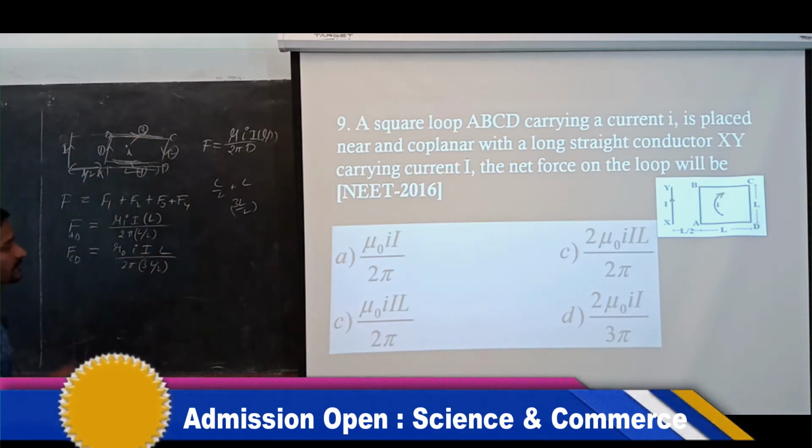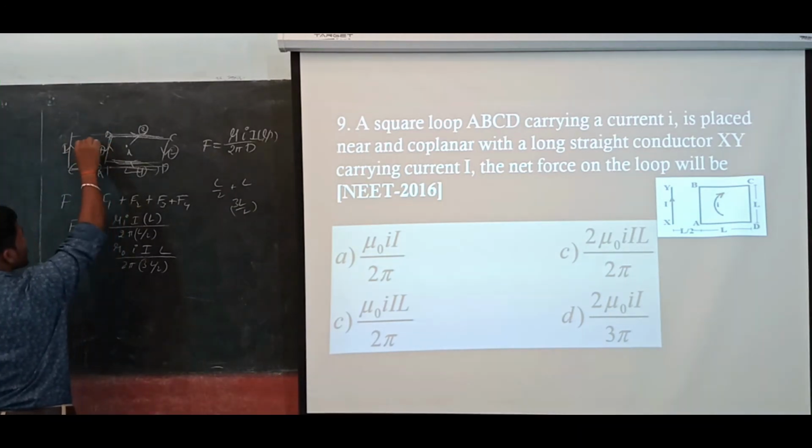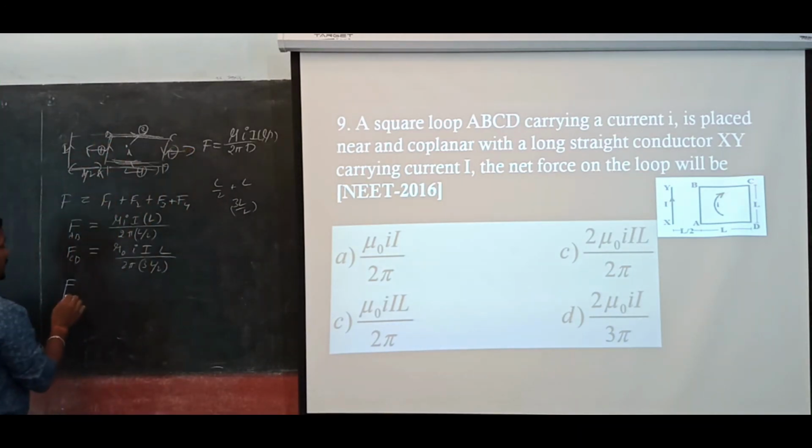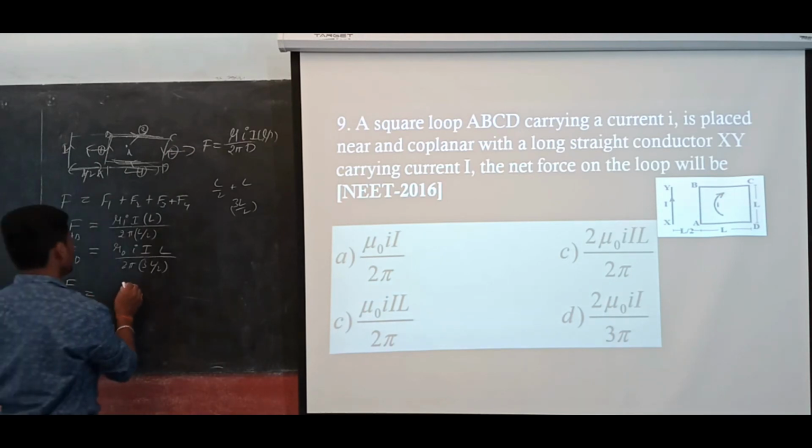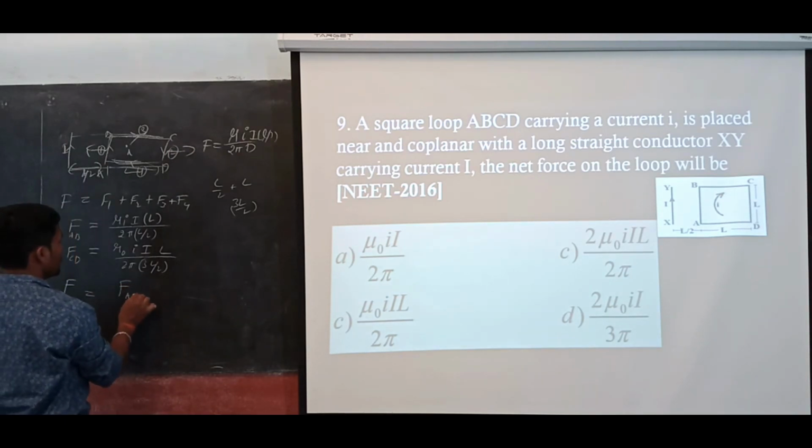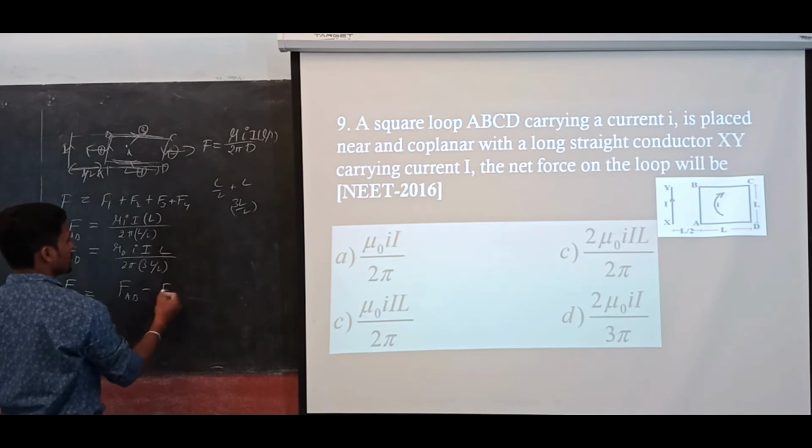Both the forces are opposite, so they partly cancel each other. The net force: because of this one it is attractive, because of this one it is repulsive. So you can write net force equals FAB minus FCD.